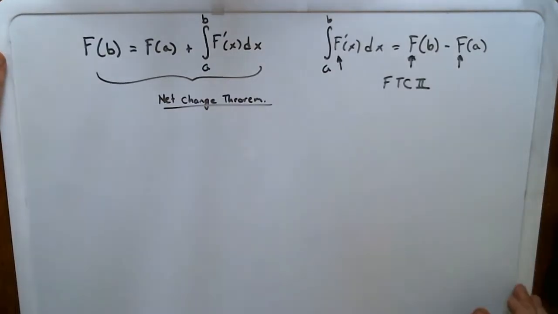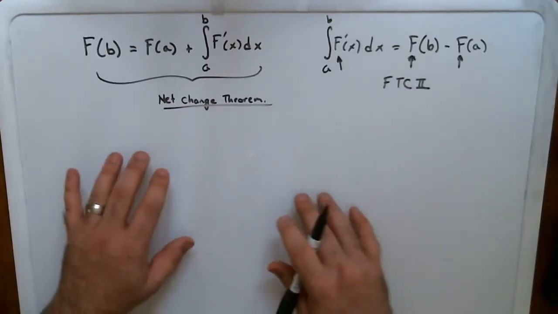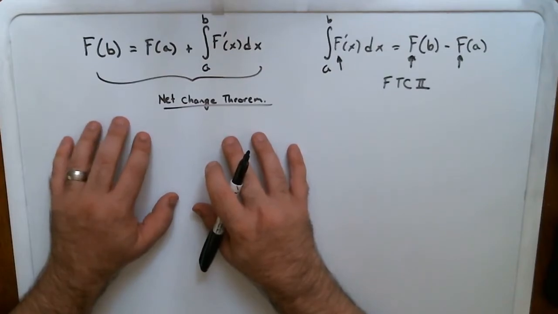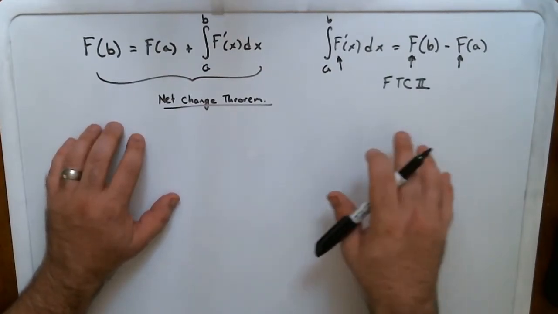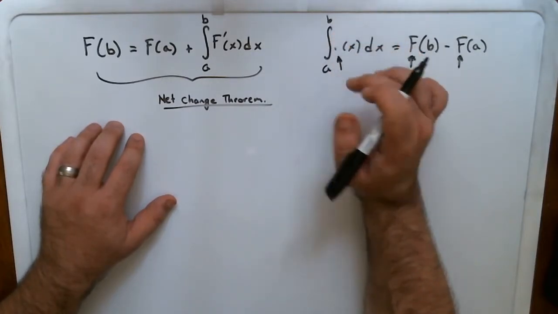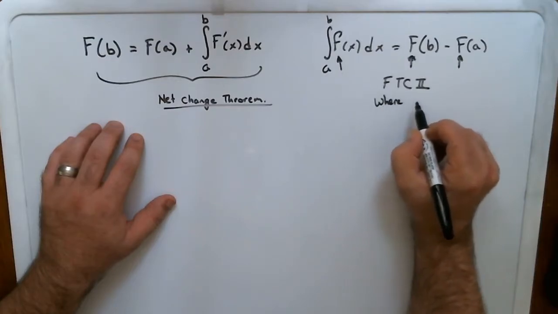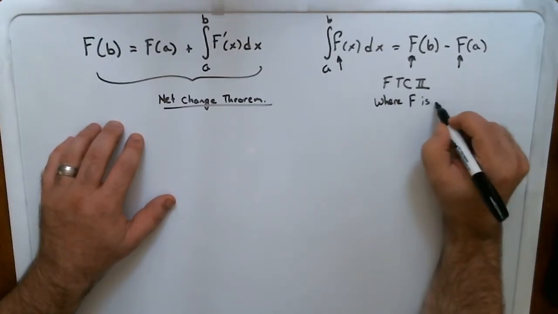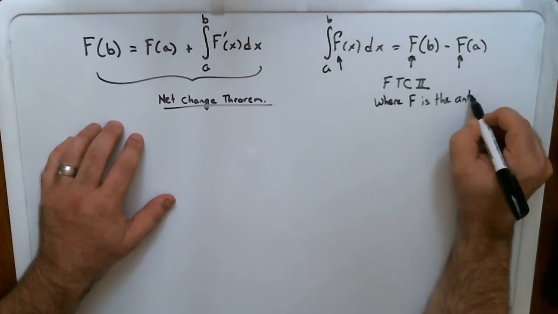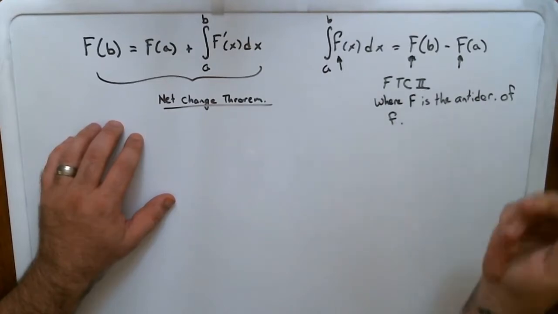Okay. Now, what I wanted to do was explain this a little bit more in terms of application. What does it mean? Less about the mathematical definition, because the form that this takes is a bit different than this, where this is often written with the lowercase f there, and it says where big F is the antiderivative of little f.